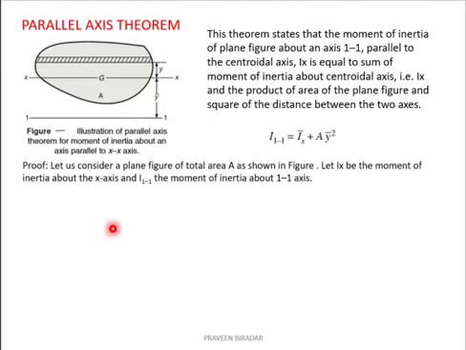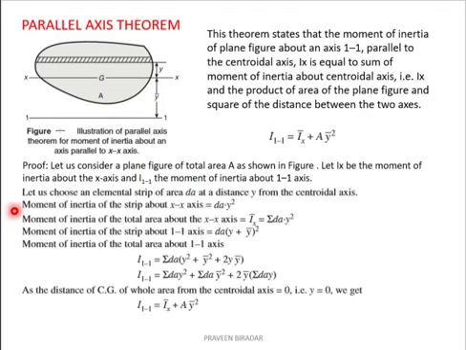Proof: let us consider a plane figure of total area A as shown in the figure. Let Ix be the moment of inertia about the x-axis, that is the centroidal axis, and I11 the moment of inertia about the 1, 1 axis. Let's choose an elementary strip of area dA at a distance y from the centroidal axis. Moment of inertia of the strip about the x-axis is dA into y square.